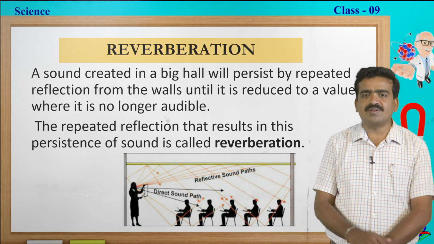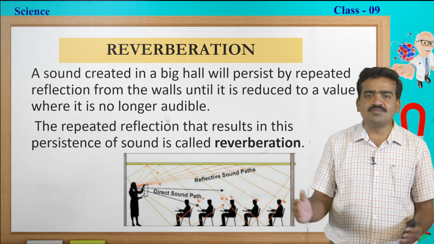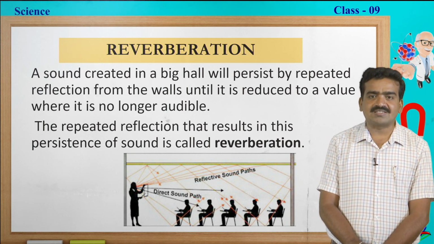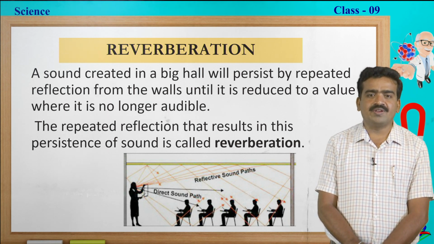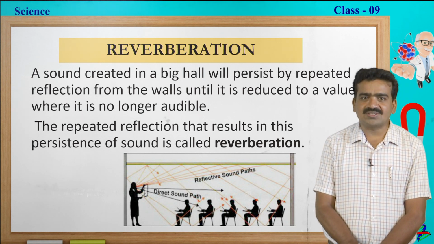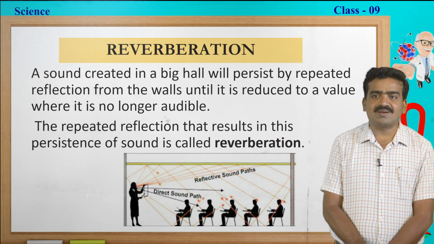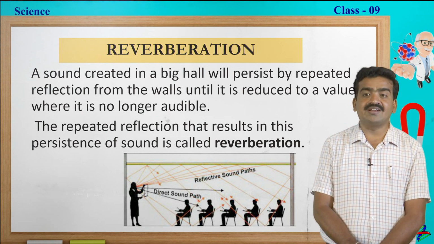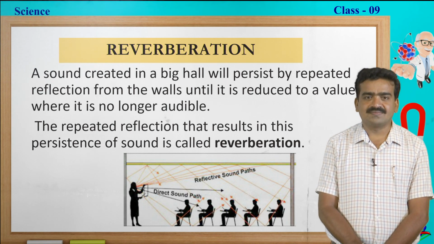There is another phenomenon called reverberation due to the reflection of sound. A sound created in a big hall will persist by repeated reflection from the walls until it is reduced to a value where it is no longer audible.